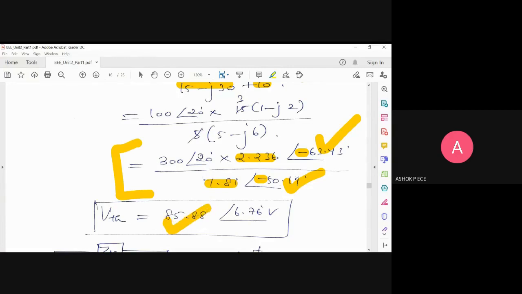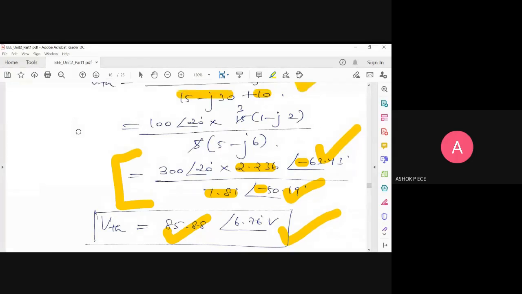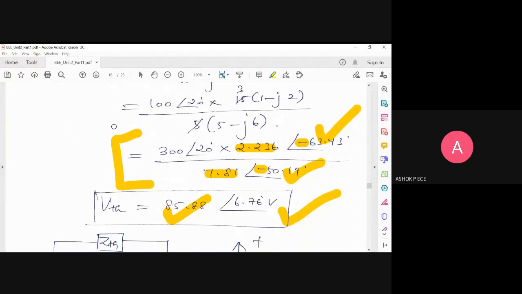And the angle: 20 minus 63.43 minus of minus becomes plus, so 20 minus 63.43 plus 50.19 is 6.76 degrees. So 85.88 angle 6.76 volts is going to be your VThevenin. Please check your answers and arrive at the answer. If any mistake is there, please point it out.